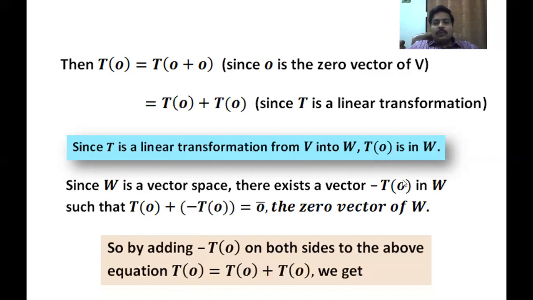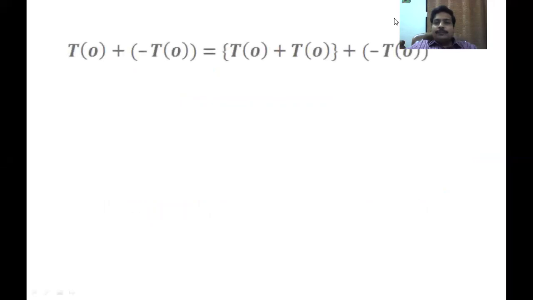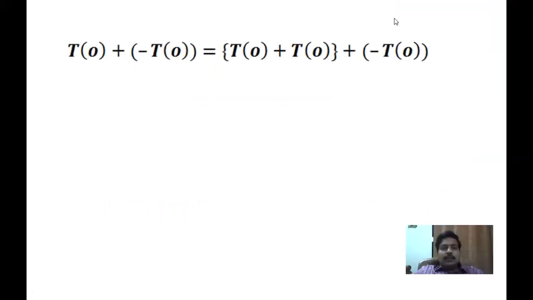So by adding minus T of O on both sides to the above equation, T of O is equal to T of O plus T of O, we can get T of O plus minus T of O, that is equal to, on the right hand side, T of O plus T of O plus minus T of O. This minus T of O is added on both sides.